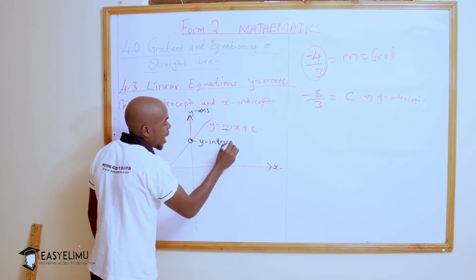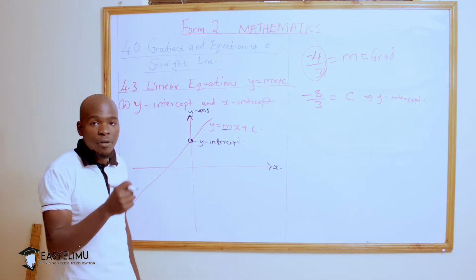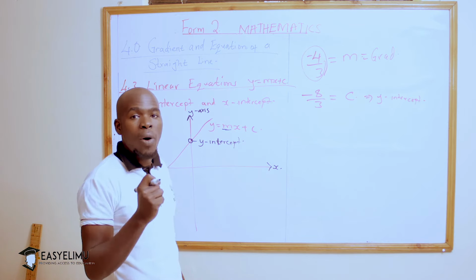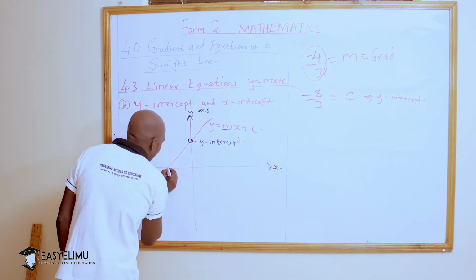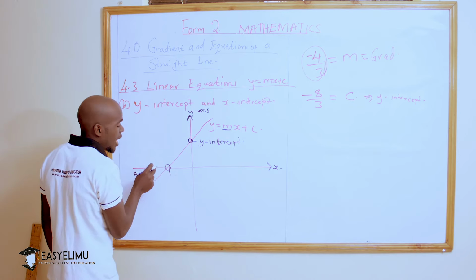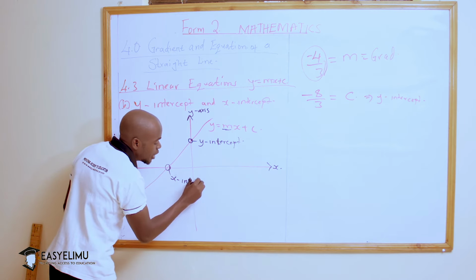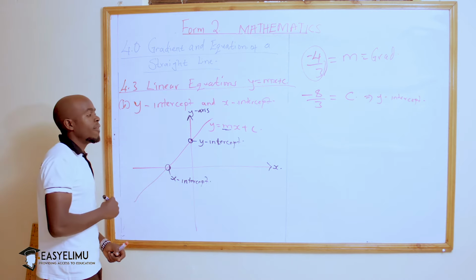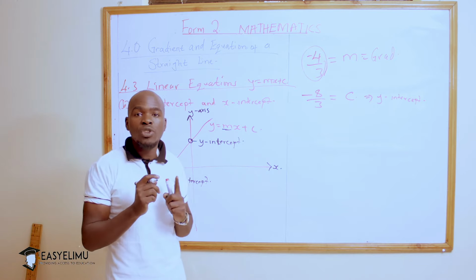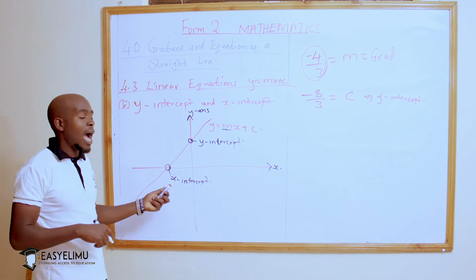So meaning that the y-intercept is a point at which a graph or a straight line cuts the y-axis, and the x-intercept, which I will refer to as a point like this, is a point at which a given straight line of a certain equation cuts the x-axis.